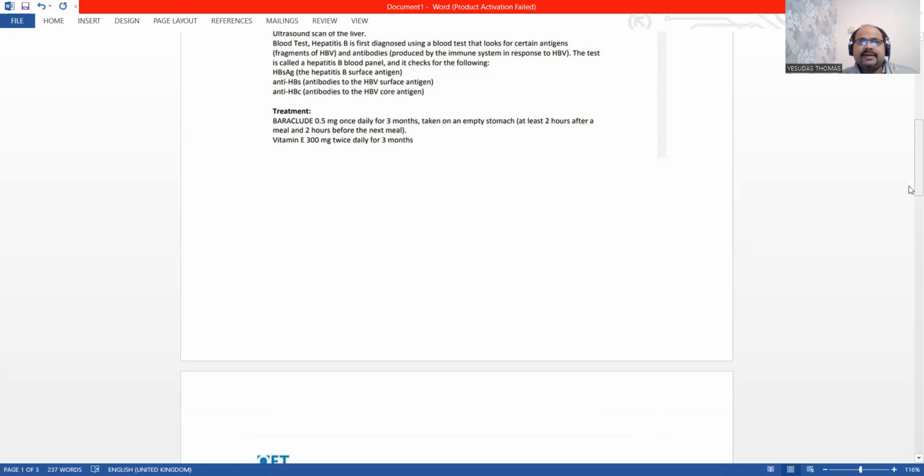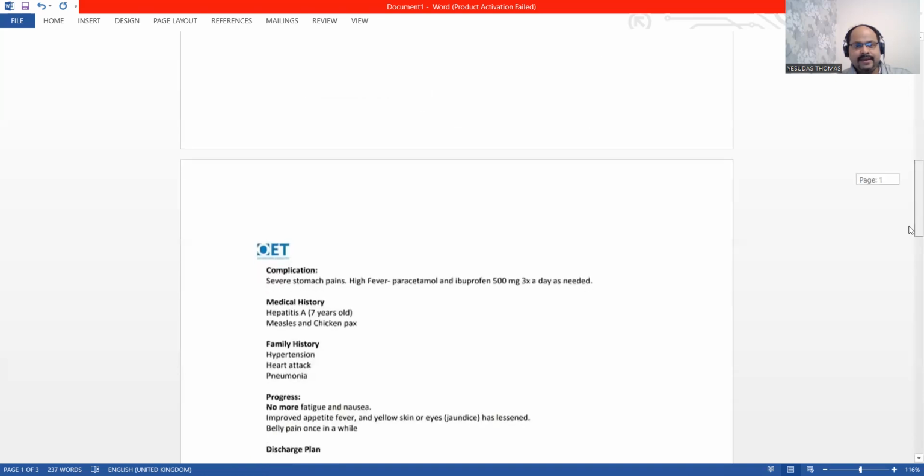The method of taking is not important there. For the duration of 3 months, it was commenced: Baraclude 0.5 mg along with vitamin E 300 mg, once and twice a day, respectively. So that's what we can say there.